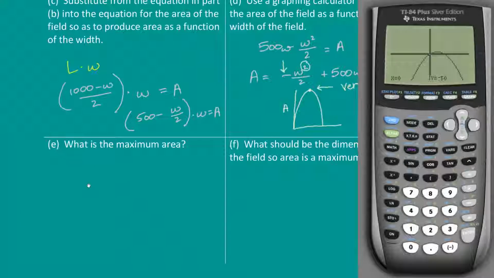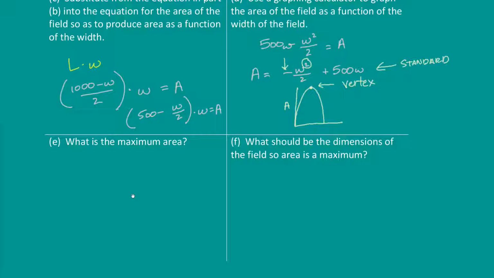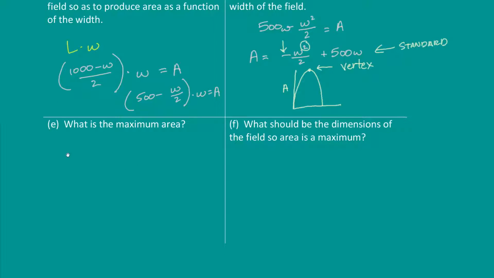I am perfectly content with you using the standard form derivation of the vertex, which is going to be taking negative b over 2a and then plugging that value, that negative b over 2a, back into the function.